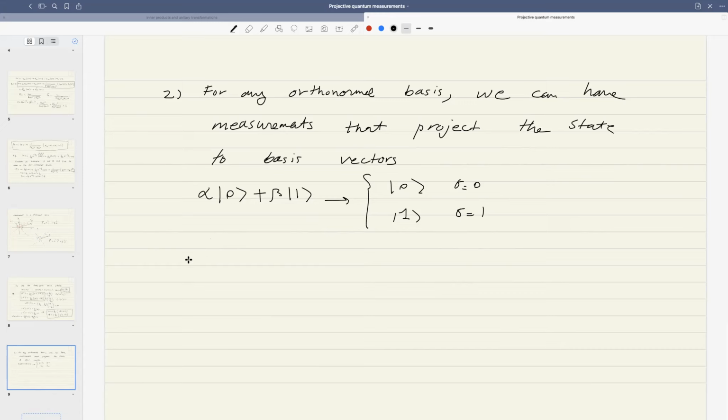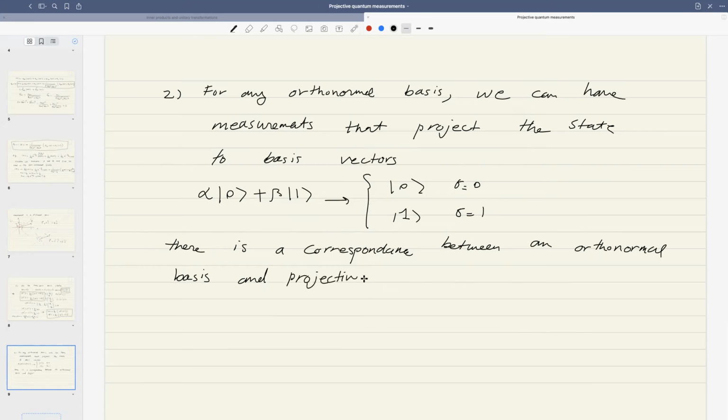So there is a correspondence between bases and projective measurements.